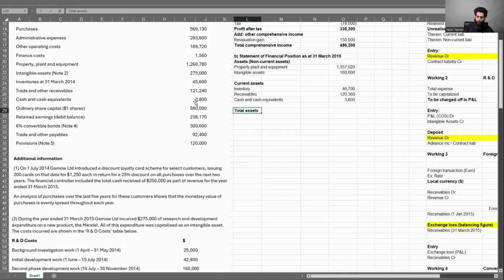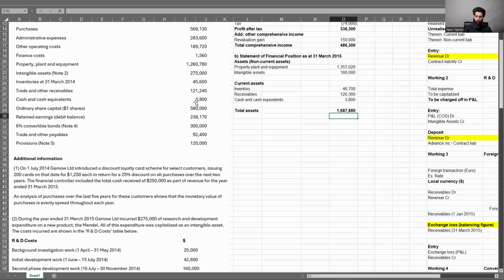Guys, if you can help me out on this. Our total assets are 1,687,880. Understood? Please give me a thumbs up if everything's fine up till now. Okay. Then we are going to go for equity and liabilities, right? First of all, let's go with equity.